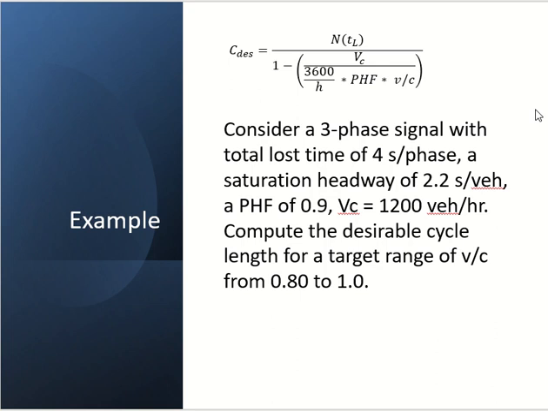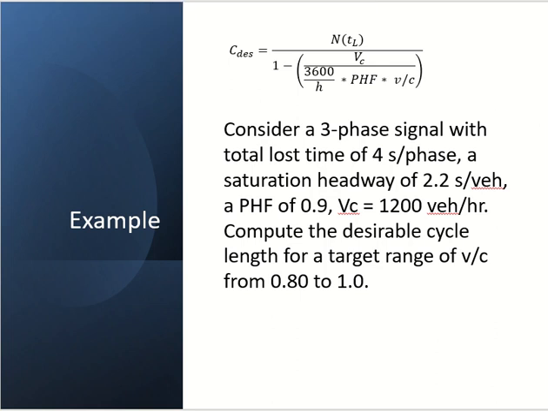Okay. Now, a 3-phase signal, lost time 4 seconds per phase, saturation headway of this much, peak hour factor is given, VC is given. We want the desirable cycle length, which is the equation with all the factors. Okay, they are saying change the V by C ratio. Everything else is constant. V by C ratio will change from 0.8 to 1.